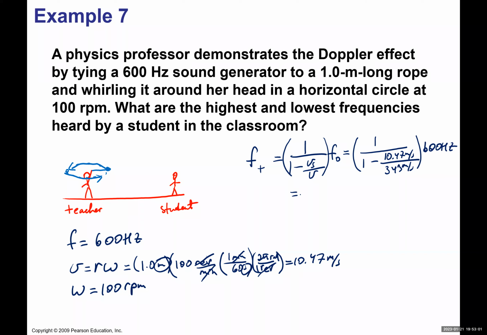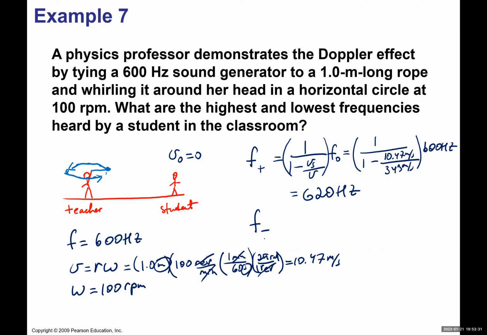This should give us roughly 620 hertz as the generator moves toward the student. Obviously here we are assuming that the speed of the observer is 0, so we can ignore that. When it approaches, the frequency appears to increase, so the student hears 620 hertz.